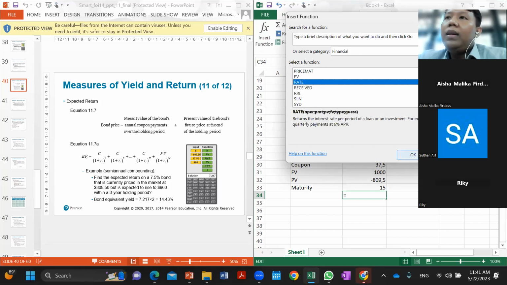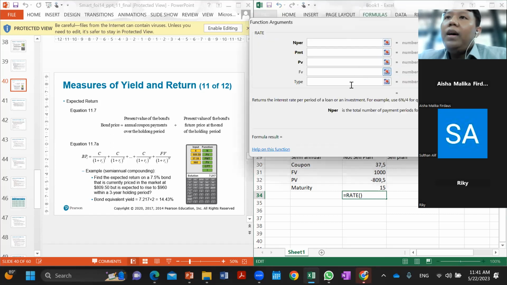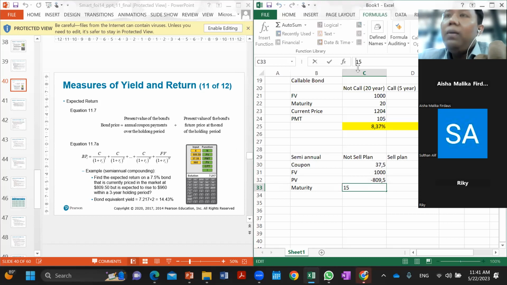Here, rate. Okay. And number of period is the maturity, 15, but wait a second, 15, because we have a semi-annual, we have to multiply it by 2. We have to multiply by 2, and here also multiply by 2.